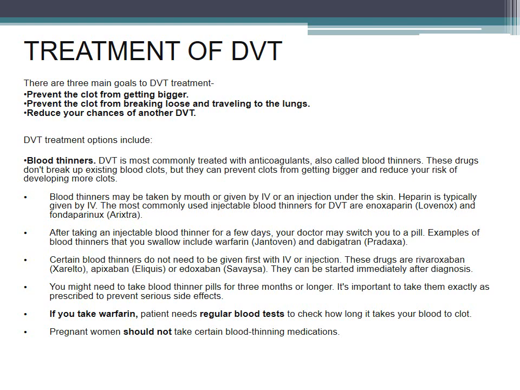The treatment will include preventing the clot from getting bigger, definitely there's going to be a clot, so we do not want the clot to get bigger, and preventing the clot from breaking, and reducing the chances of deep vein thrombosis. Make sure that the blood thinners are administered to the patient, and if the patient is on warfarin, you need to do regular blood tests to make sure that the levels are maintained and appropriate.